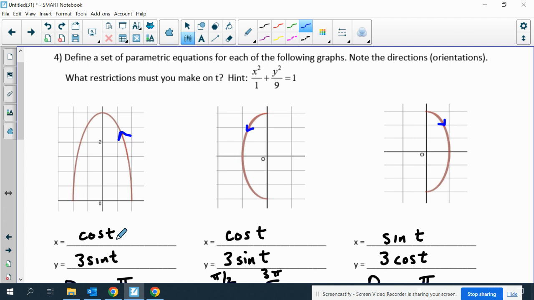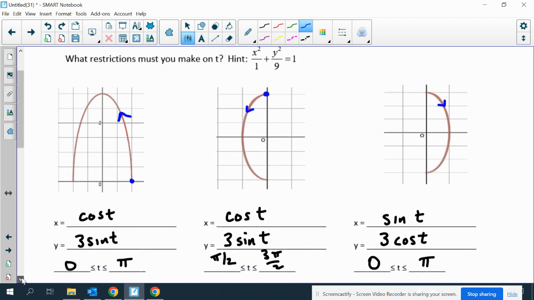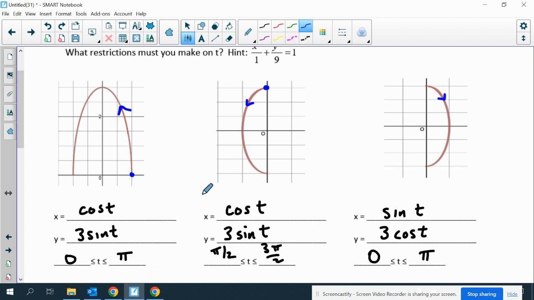If I have cosine t, 3 sine t for the first 2, I can start this one at 0, because that'll get me at 1, 0. And then at pi halves, it would get me to 0, 3, and so on. This one, I could start it at pi halves, get to pi, and then 3 pi halves. So notice that that works for both of those. This parameterization ends up working for both.